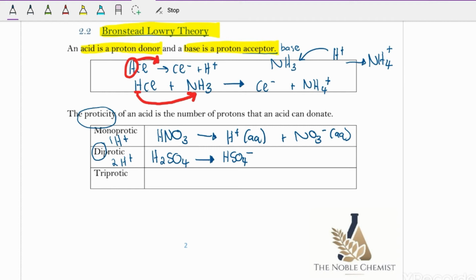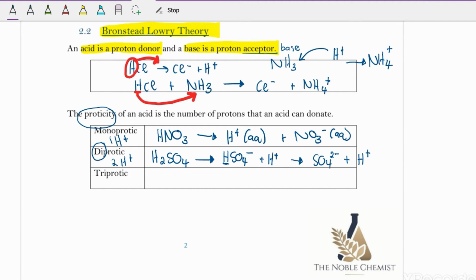And what is then going to remain? The hydrogen ion, obviously, that I took out. If it then gives away another proton, you will sit with SO4 2-, which is a sulfate ion, plus another hydrogen ion.